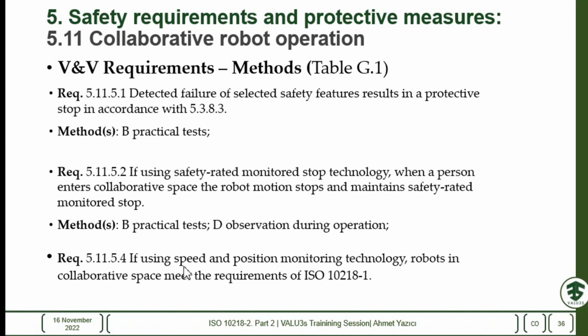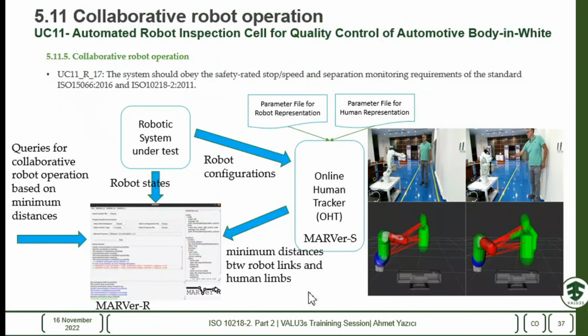For example, they are required if using speed and position monitoring technology, robots in the collaborative space must meet the requirements mentioned before. When we consider the project for collaborative robot operations, we also use the same tools here.